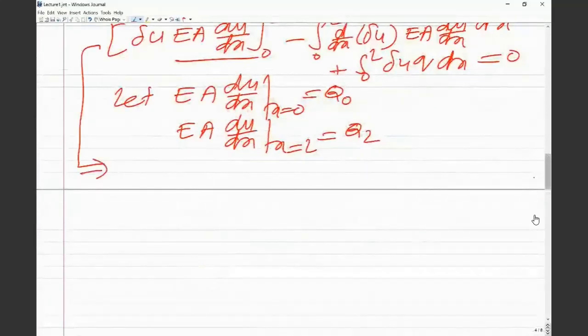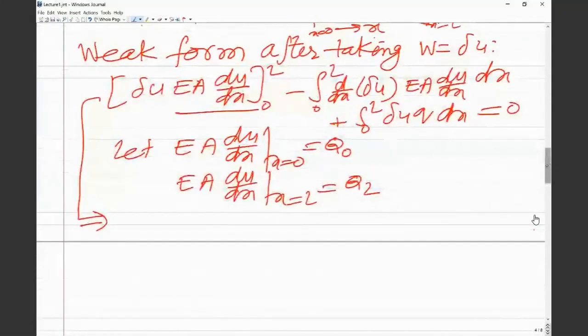Because this consists of two terms, one at x equal to 0 and another at x equal to L, I can write it as delta u at L into qL.